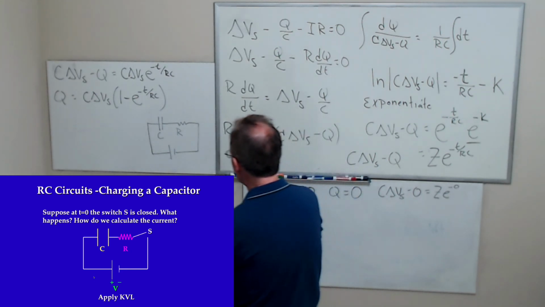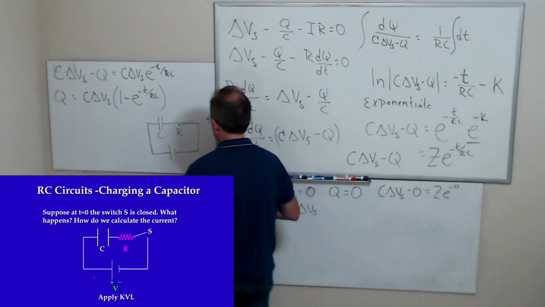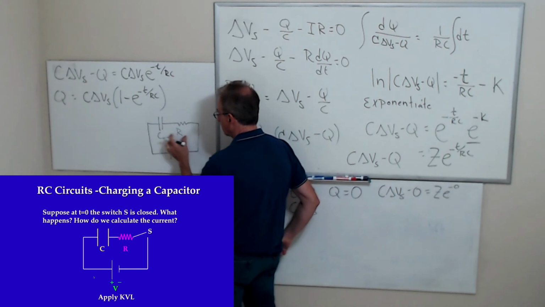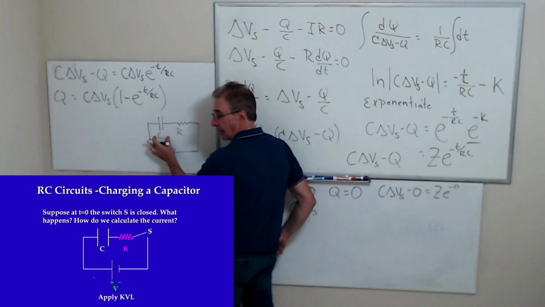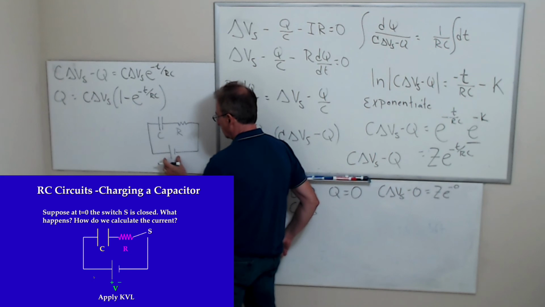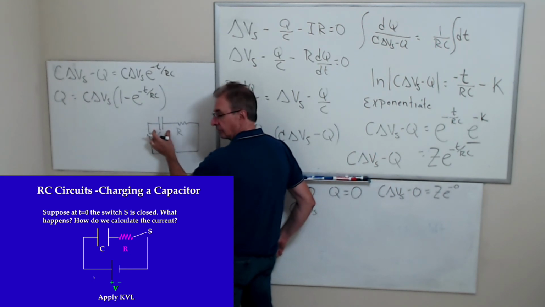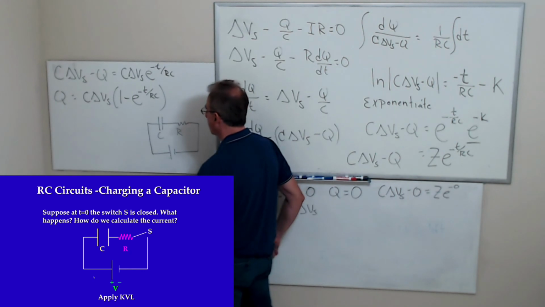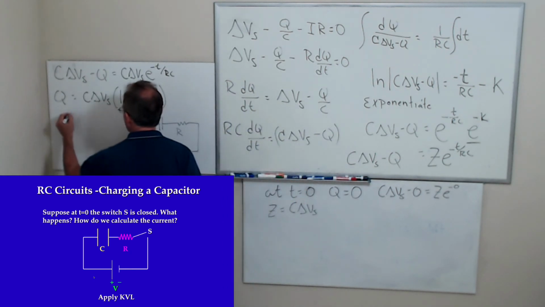So if there's no current, that means that the voltage drop across the resistor is 0. The voltage drop across the capacitor is the battery voltage. The voltage across the capacitor is maximized when it's fully charged. That means it has the maximum amount of charge, and so I'm going to call this Q max.